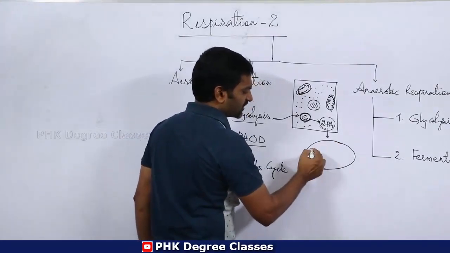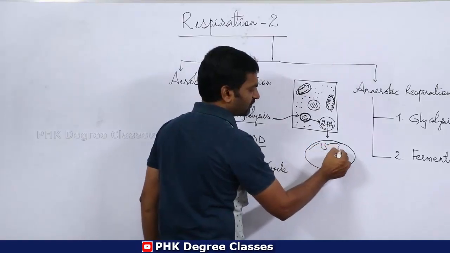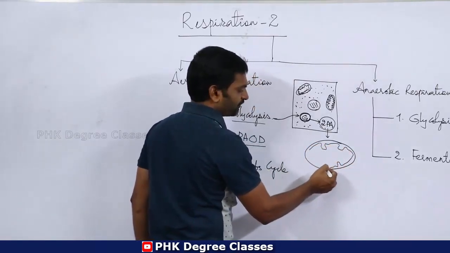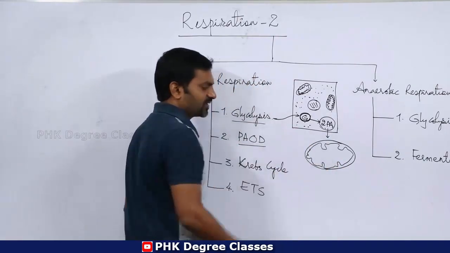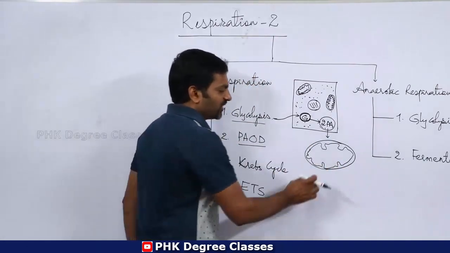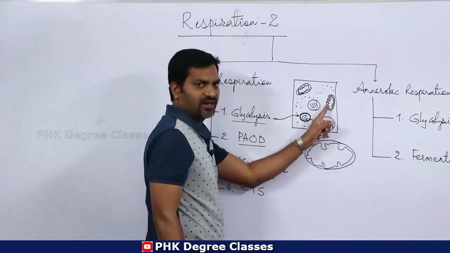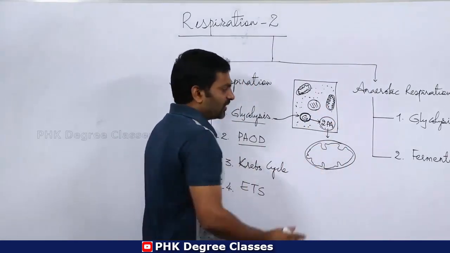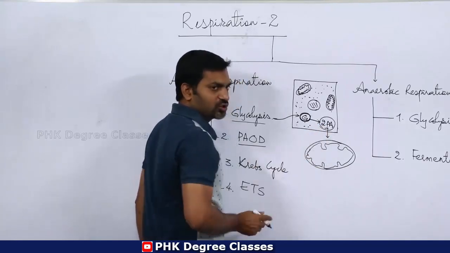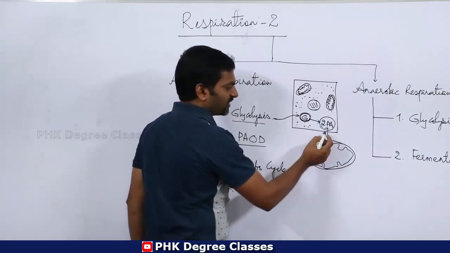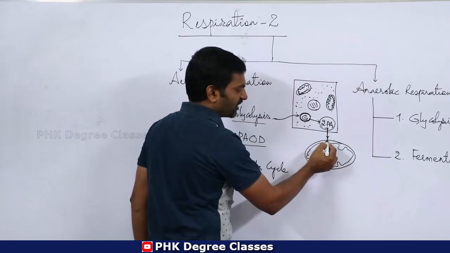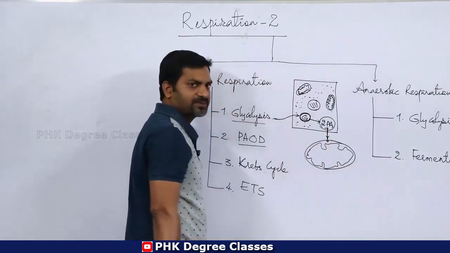The powerhouse of the cell is the mitochondria. I have taken this mitochondria out from the cell. The 2 moles of pyruvic acid enter into the peri-mitochondrial space.